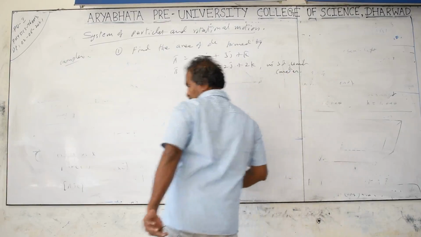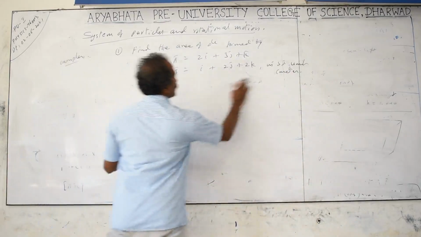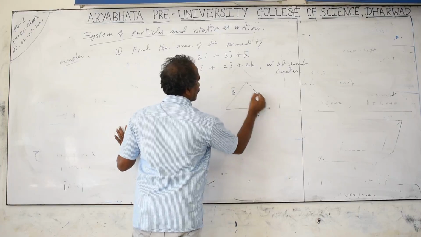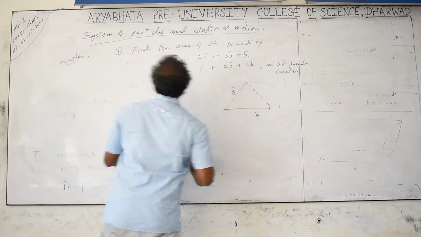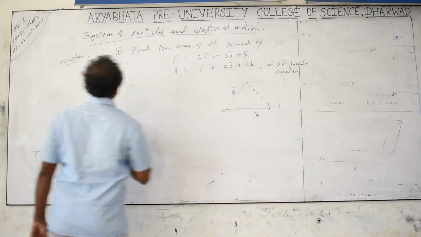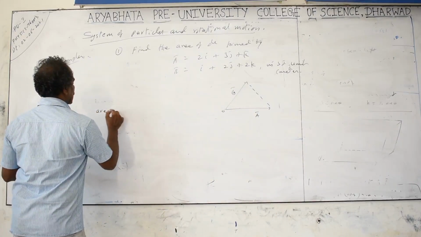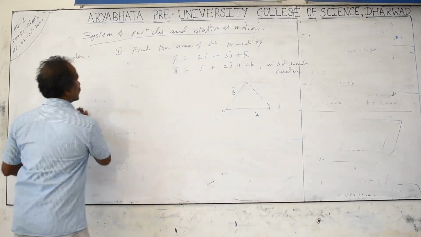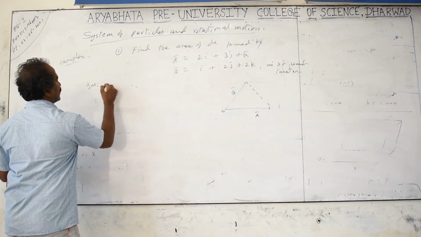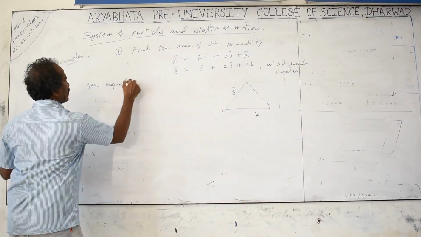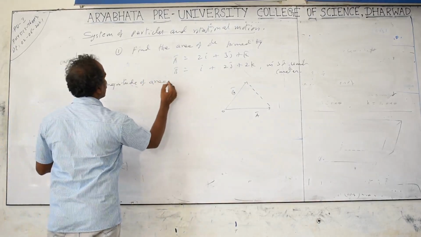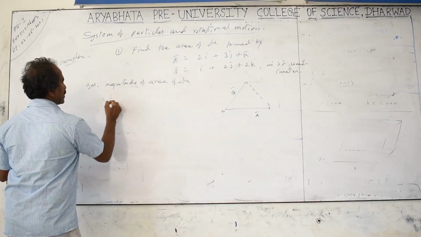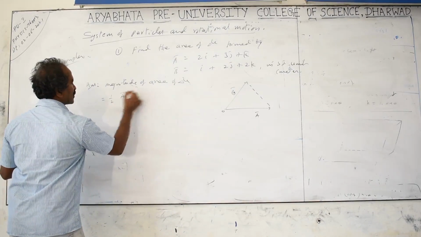A value is in meters, B is in meters. From the origin, the area magnitude is half into A cross B.